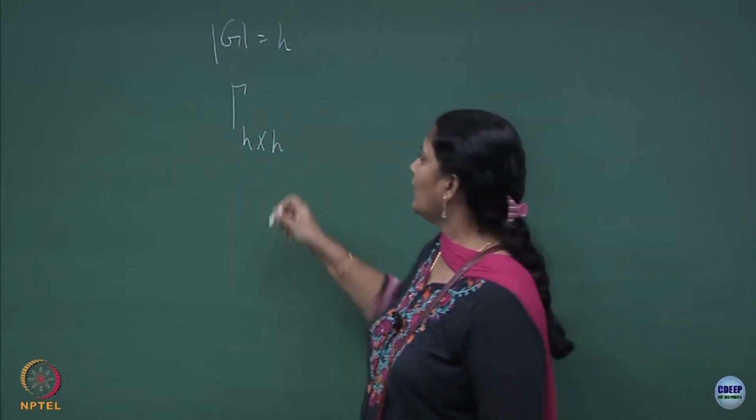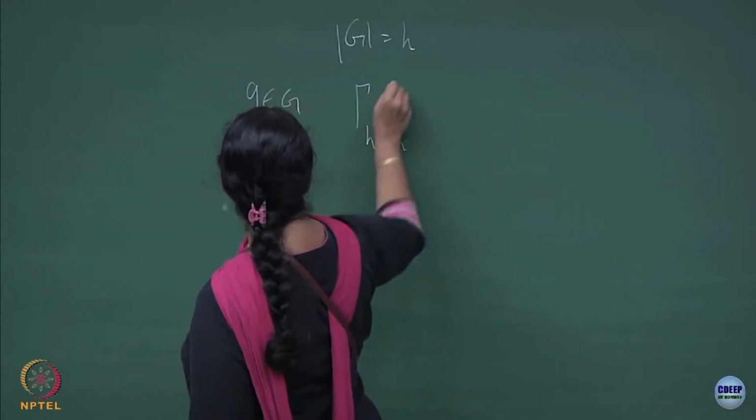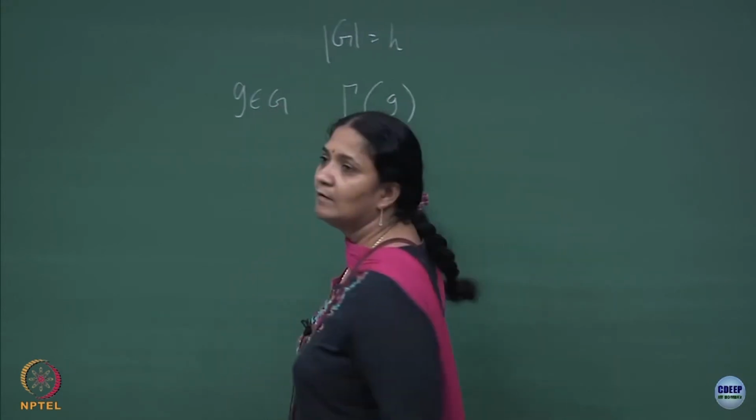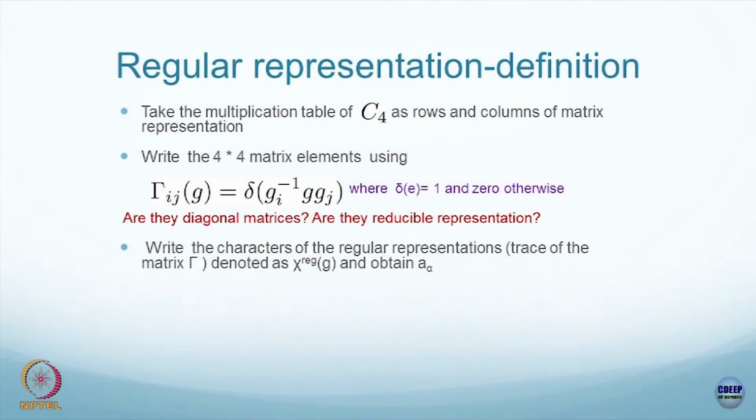So, for every group element you write a matrix representation. So, how are these matrix elements going to be defined is what I am trying to say.